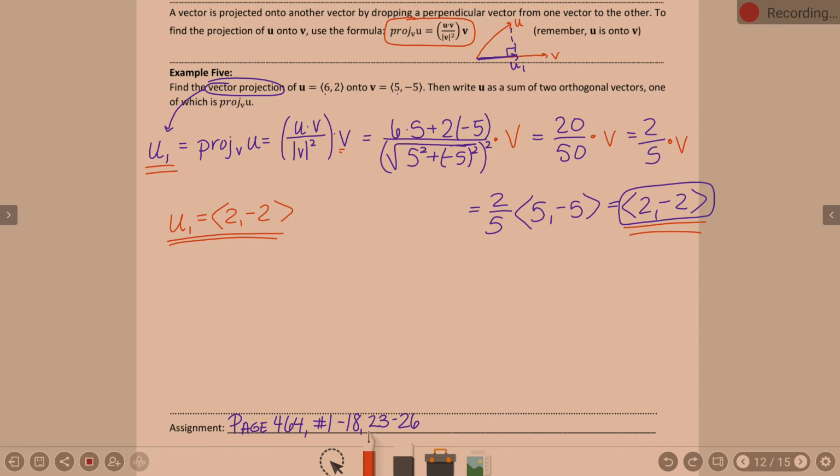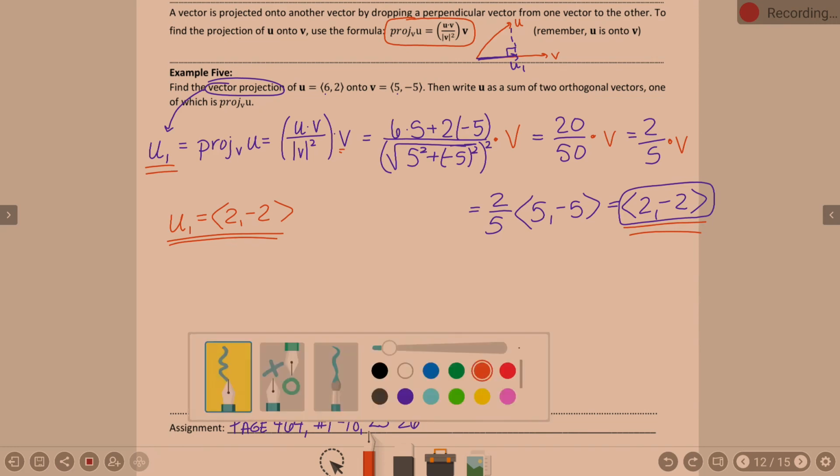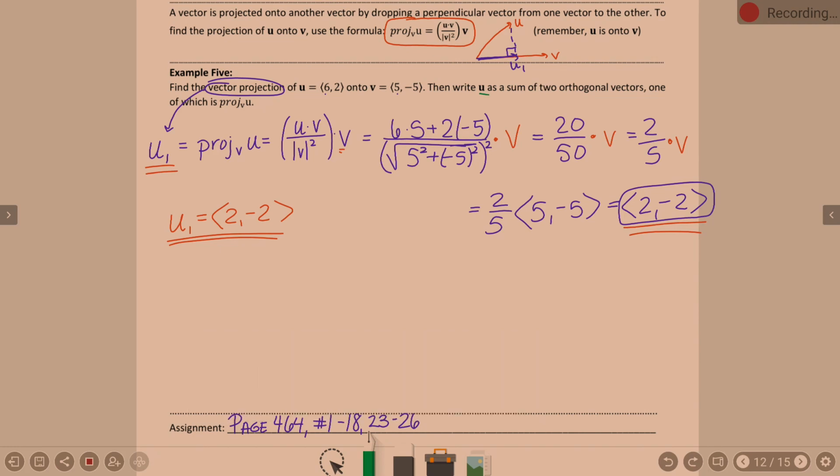Now, the second part of this asked us to write u as a sum of two orthogonal vectors, one of which is the projection. Now, what is our projection called? Our projection is called u1, or at least that's what I named it.